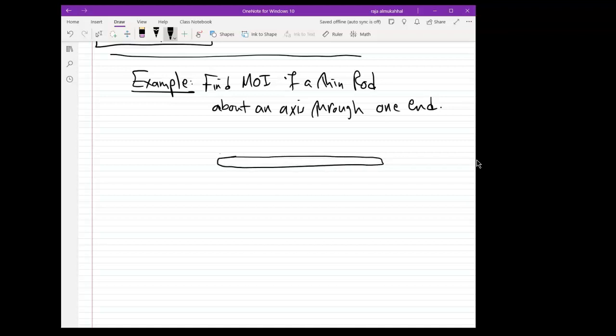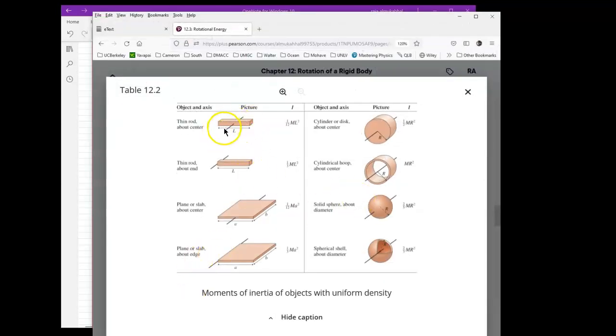Okay, and suppose that I know the rotation about the center of mass right here is given to me in the table. I can look it up. Right here, right? And it is 1/12 ml squared. He's saying, what is the moment of inertia at the end here? Well, it's equal to 1/3.